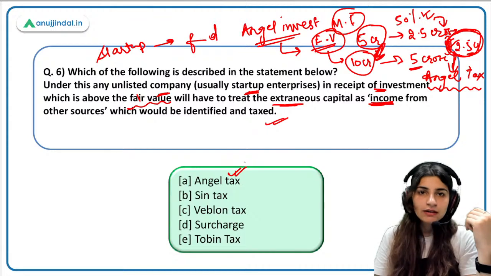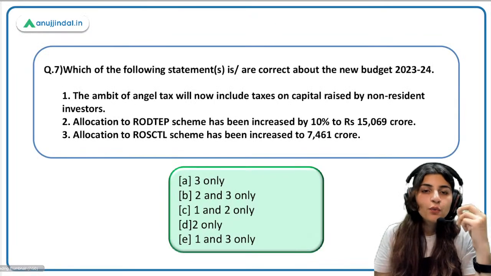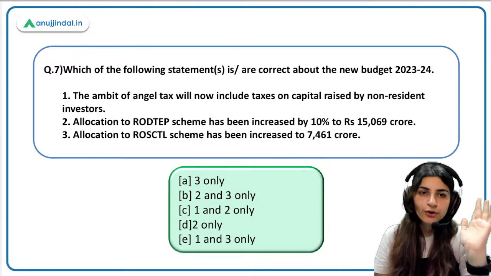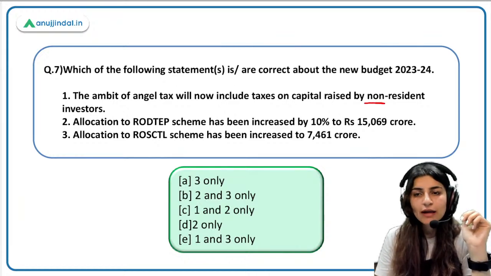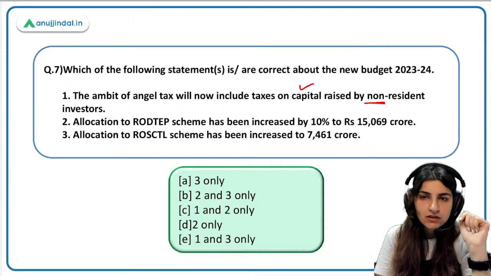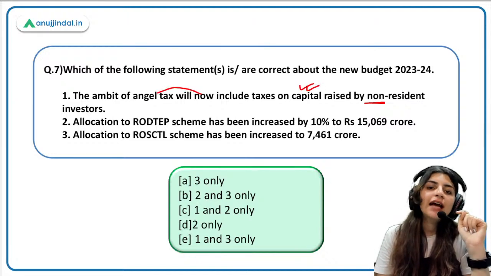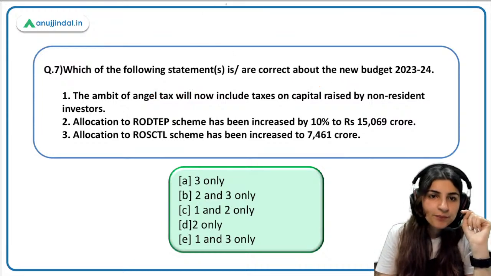Which of the following statements are correct about the new budget 2023-2024? The ambit of angel tax will now include taxes on capital raised by non-resident investors. This was true. That is why angel tax was in the news, because now angel tax will be applied on any investment received from NRIs.